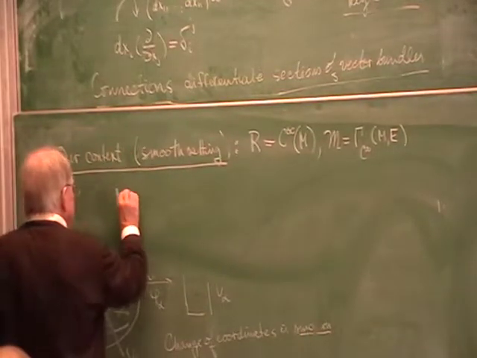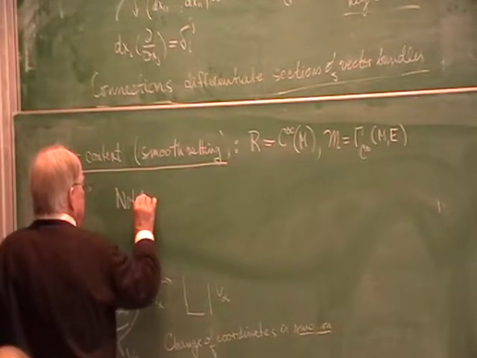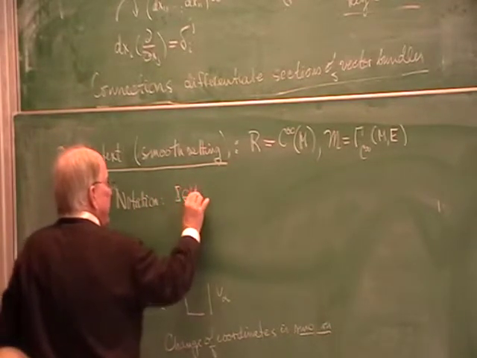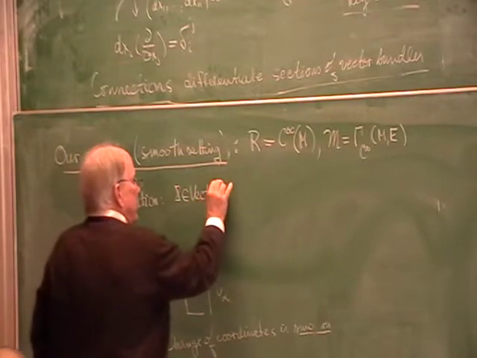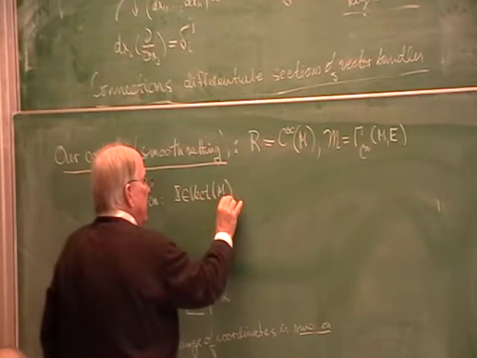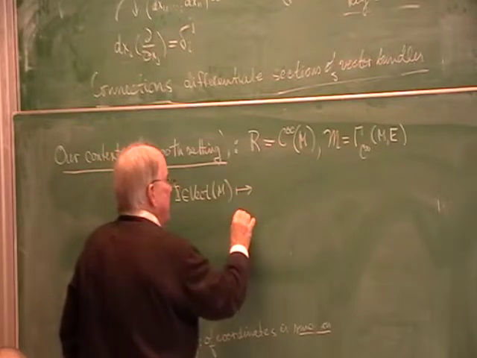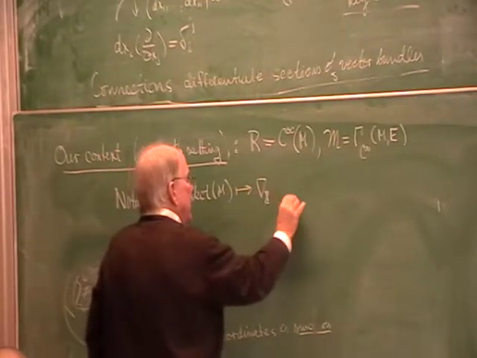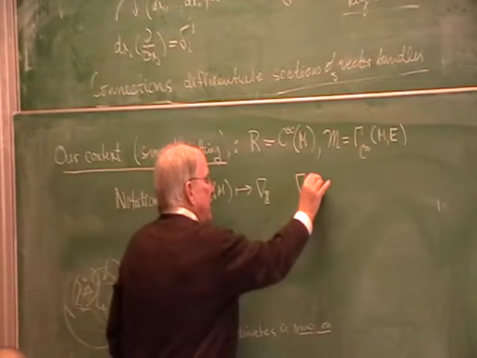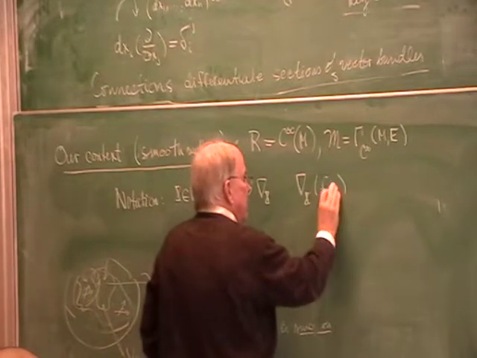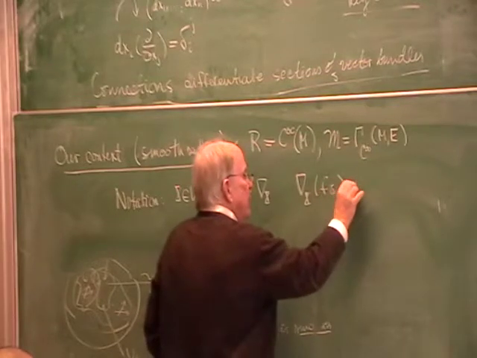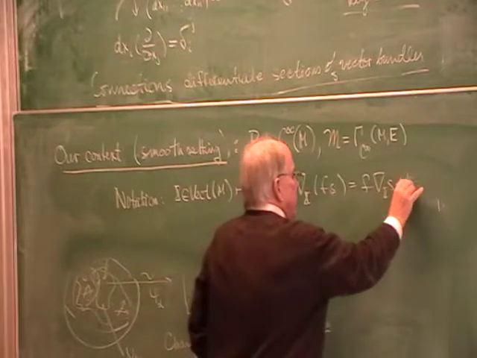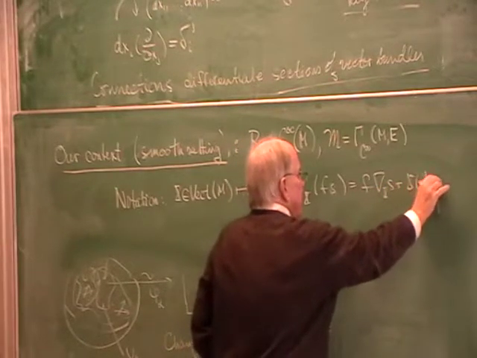In our notation, I'll say it again, is X, which is a vector field on the manifold. That's derivations on this ring. It's mapped to nabla of X, and nabla of X times the section is just f times nabla of the section plus X of the function times the section.